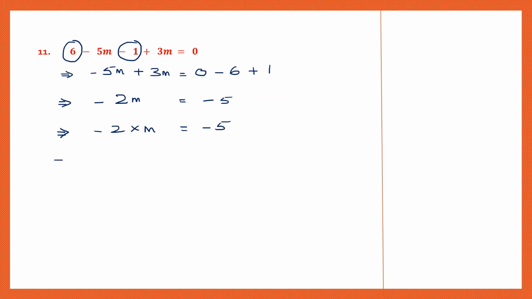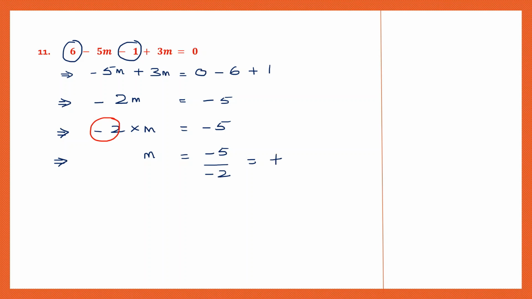So to find the value of m, we write m here on the left hand side as it is, minus 5, and now we are going to transpose minus 2, which is multiplication, to the right hand side. It becomes division, minus 2. So now let's solve this. Minus into minus is plus.